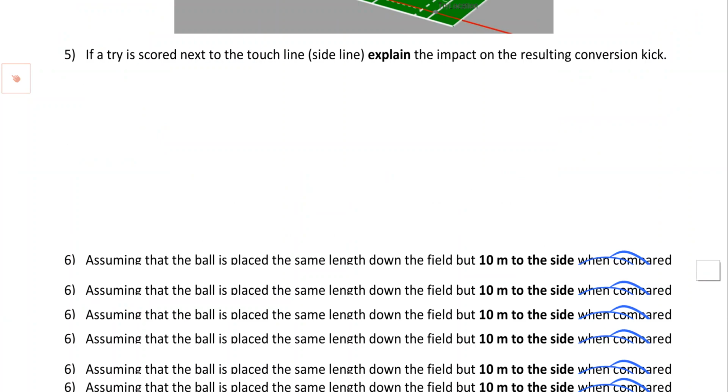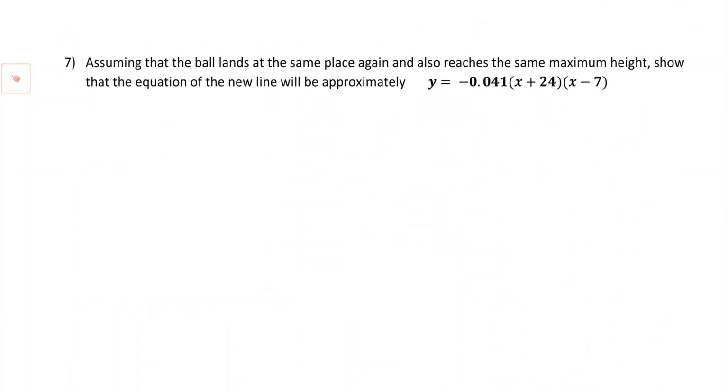Okay, let's go back then to this one. So assuming the ball lands. Now this was where I thought it might make more sense that I've got to explain these, because if all you did was use the form before and just work out this number, you're going to do the same at this point. So we have to work out those. So what I've done is I'm drawing a new curve.